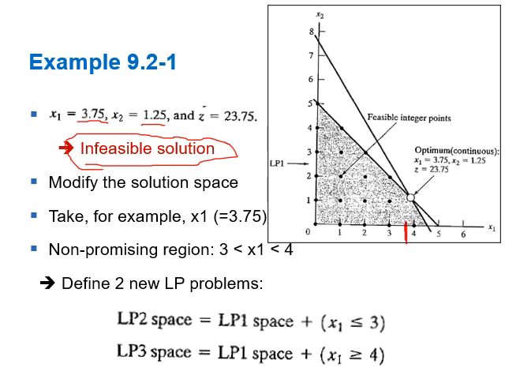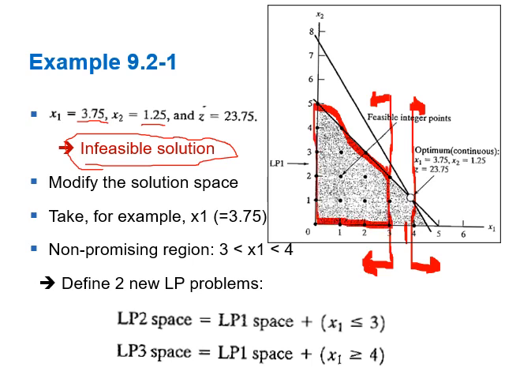x1 is 3.75. So it means that, in fact, we can divide this whole region into two parts. One part is the left-hand side of this line, and the other one is the right-hand side of this line. Here x1 is less than or equal to 3, and when we take the left-hand side, we have this region here.